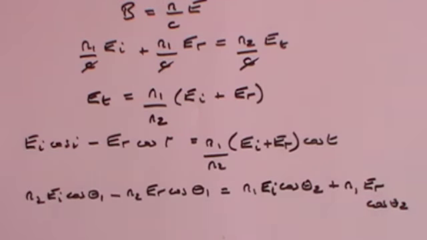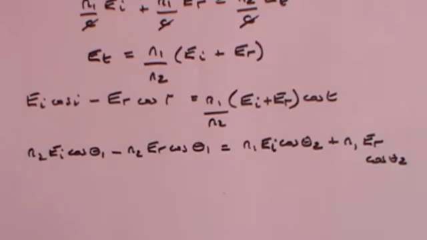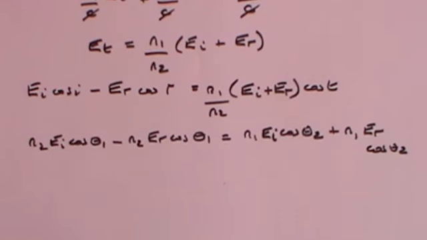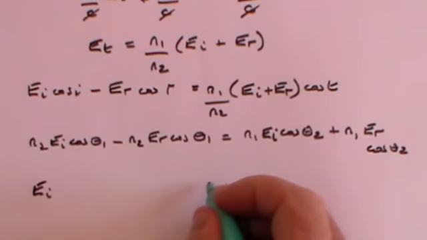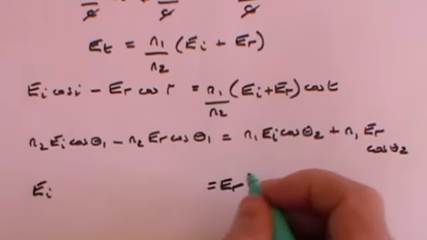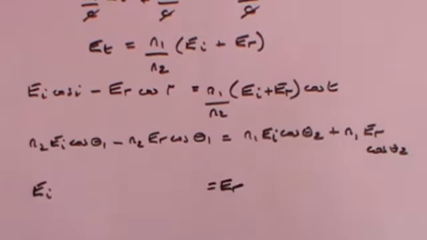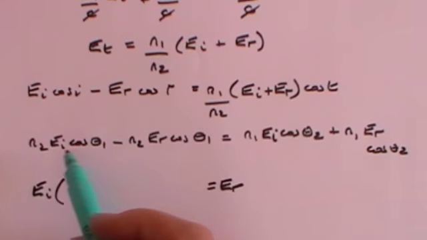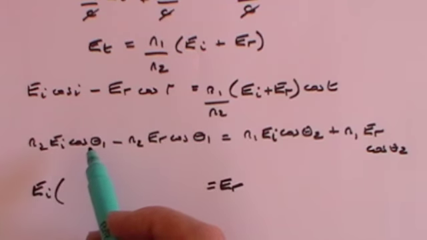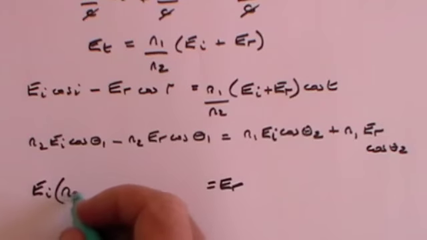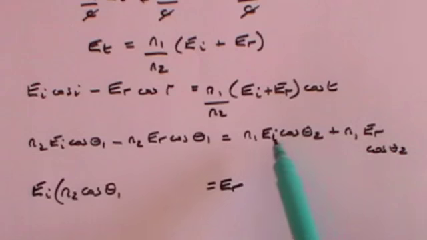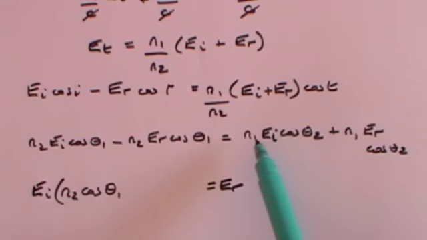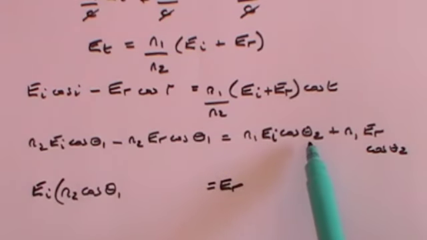And now it's the same trick as before. You want all the EI terms on one side of the equation and all the ER terms on the other side of the equation. And I hope I can fit them all in. So what are the EI terms? Well, we've got one here, N2 times cosine of theta 1. I've got another EI term here, which is N1 cos theta 2.